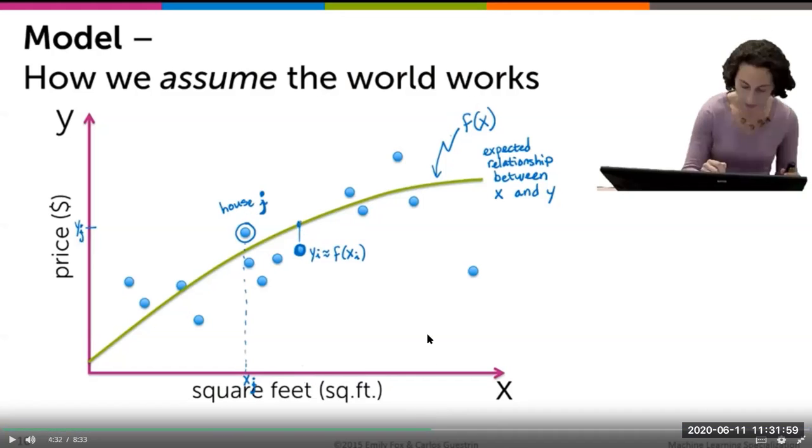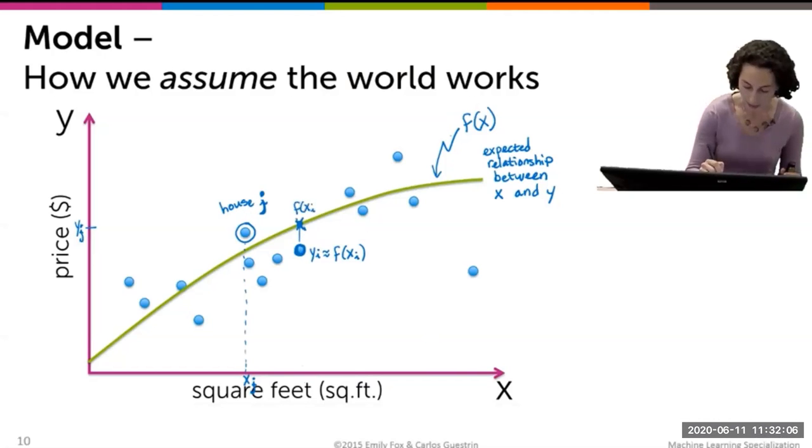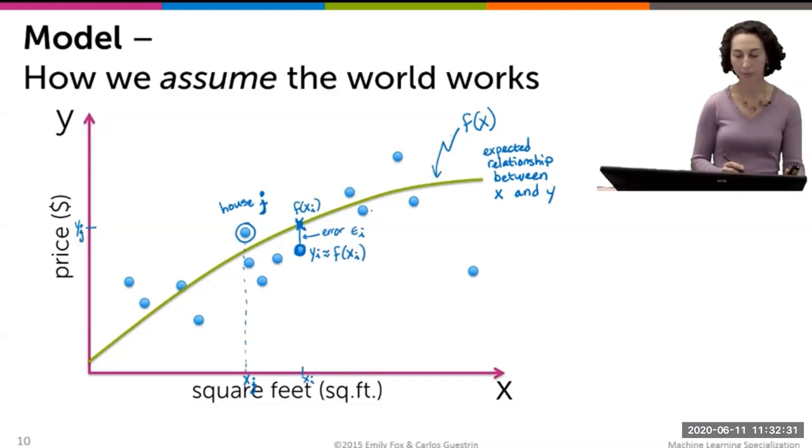Go on. So just to be clear, this point here, this x, is exactly f of xi. It's the function evaluated at some xi value. And we're saying that our observations, which don't fall exactly on this curve defined by f, have some error. We'll call this error specific to house i epsilon i.